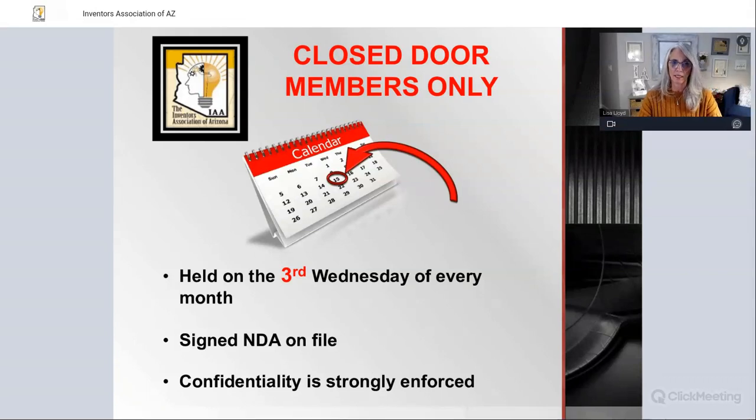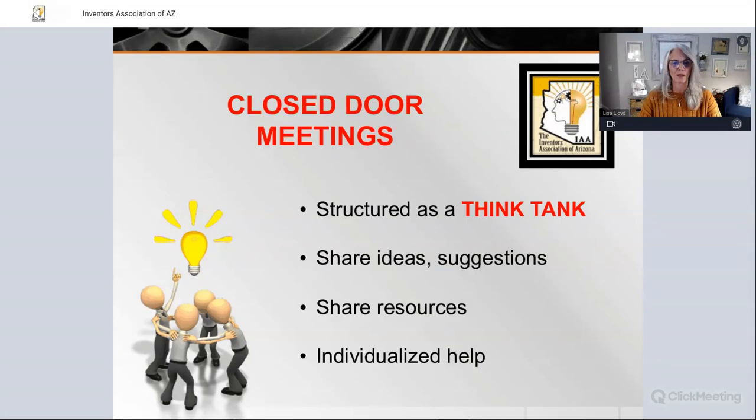Our closed door meeting is for members only. They're always held on the third Wednesday of the month versus like tonight, the first Wednesday of the month. And to become a member, you do have to have one of our non-disclosure agreements signed and on file. And we even take a photocopy of your driver's license, because the confidentiality and creating a safe space for us to all be able to talk about what we're working on is critical, and we take that very seriously.